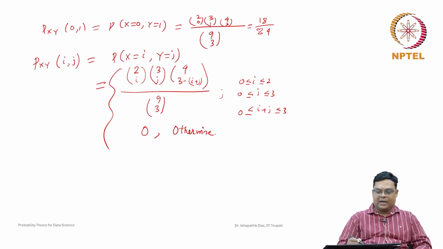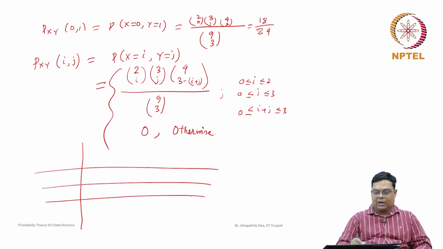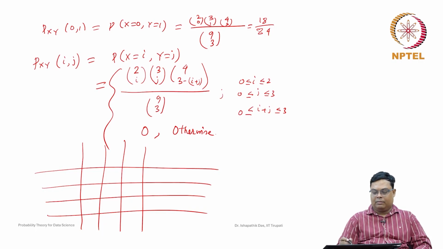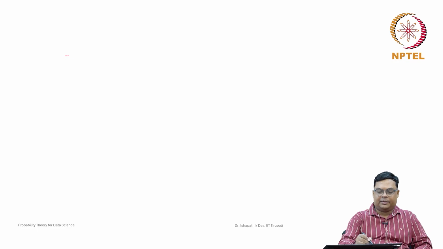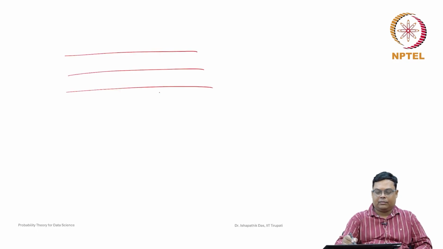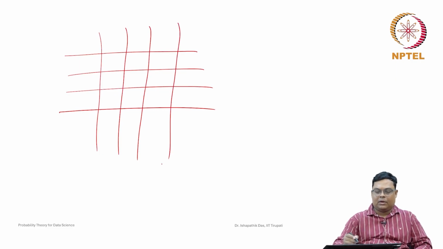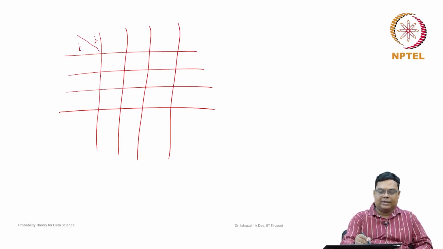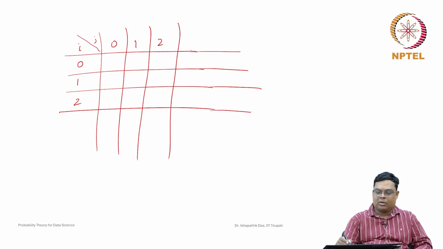Now, if you represent it graphically as a table, this is i, j. Let us write it here. Here this is i, this is j, with i as 0 1 2 and j as 0 1 2 3.